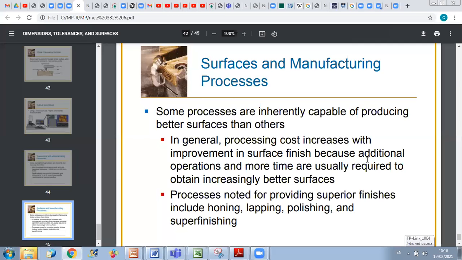workpiece will be. Now, concerning lapping, lapping is a machining process in which two surfaces are rubbed together with an abrasive material between them. This process can be done by hand movement or using a machine. Polishing is the process of creating a smooth and shiny surface by rubbing it or using a chemical action, leaving a surface with a high specular reflection.